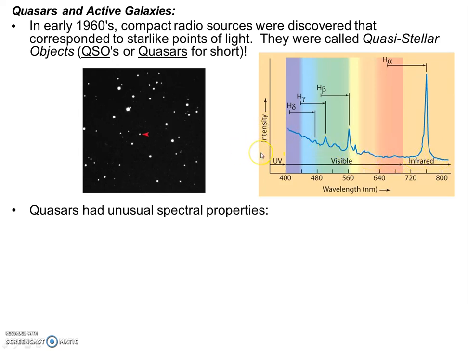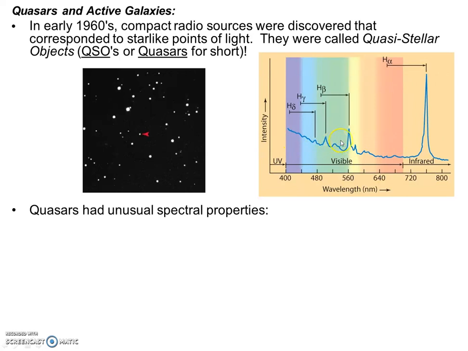Also, instead of having absorption lines like stars do, an absorption line on this, for example, would have divots in the spectrum, whereas here you have little peaked, sort of inverted spikes coming up. These are what emission lines look like on an intensity diagram.